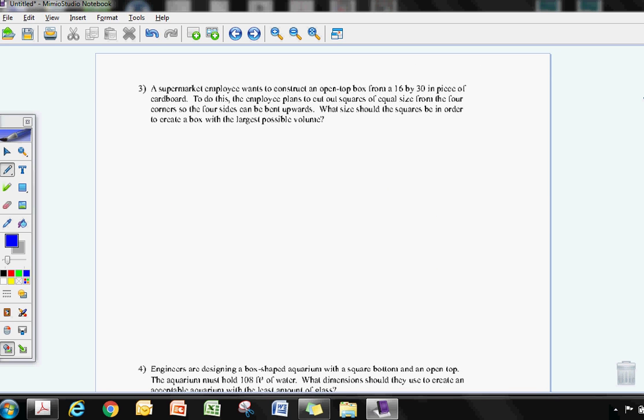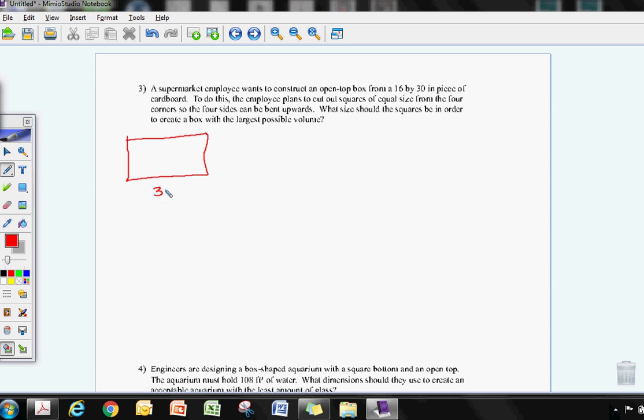And for the third problem, we are going to construct a box. Remember, I said I like the box problems, so make sure that you know how to build this thing. So I'm starting off with an open top box from a piece of cardboard that's 16 inches by 30 inches.